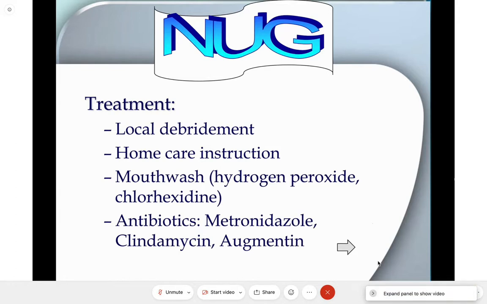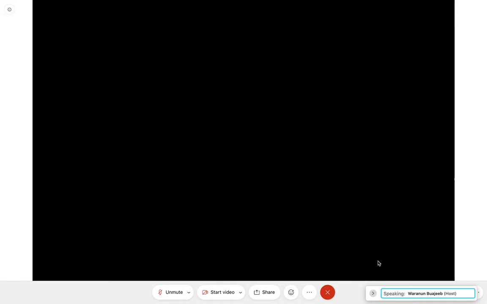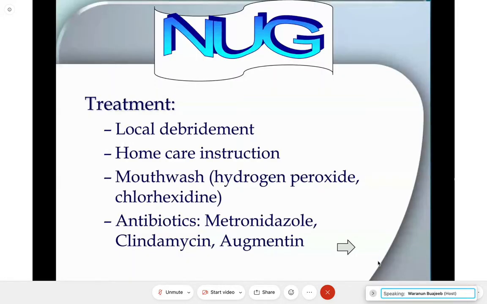Normally, after 2 weeks, all the lesions disappear. But the most important thing is that you still need to correct predisposing factors, because some patients may have underlying periodontitis or overhanging fillings. In that case, you need to correct all those. Otherwise, the patient may get necrotizing ulcerative gingivitis again.